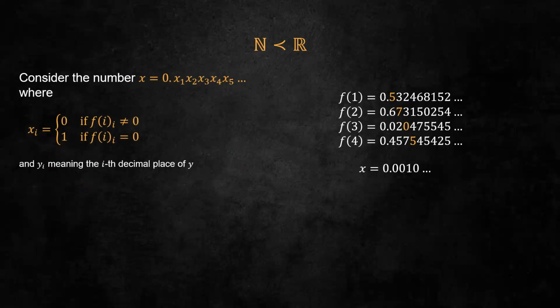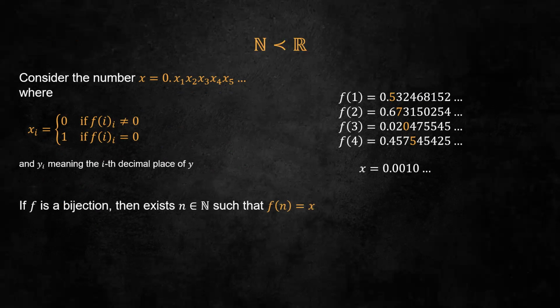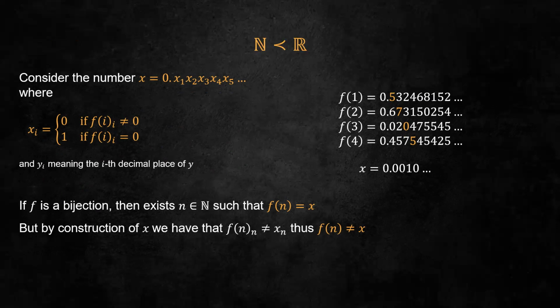Now we can see that there exists some natural number n such that f of n is x, because we assumed that f is a bijection. But if we look at decimal place n, it is not the same because of the way we constructed it. Because if the digit is 1 or 2 or 3 or 9, then the value of x_n is 0.